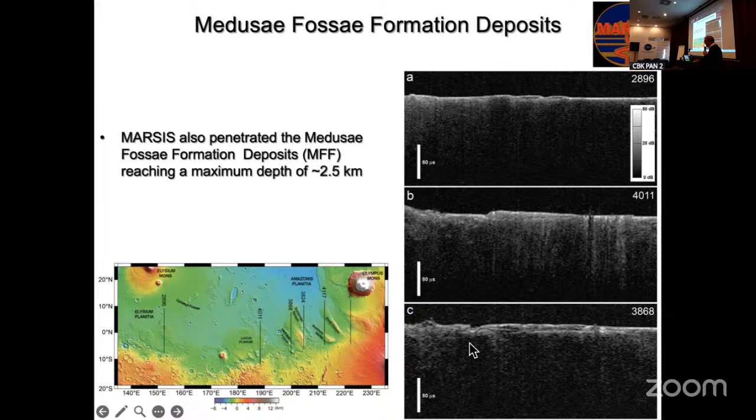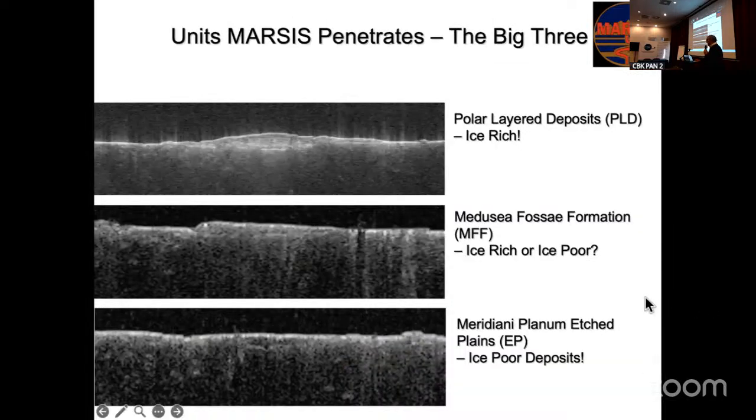Then we observe a very long line of subsurface. And this is most probably an ice-rich region. And on the polar region, it's certainly ice. Here, it's probably ice. And here, we really don't know.